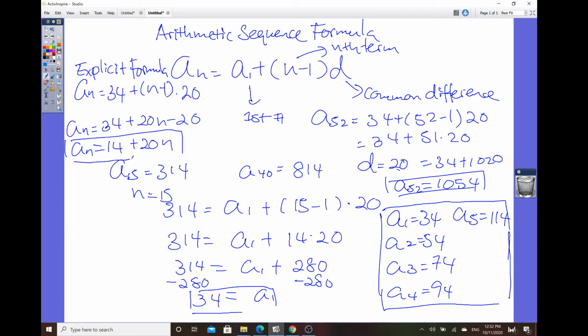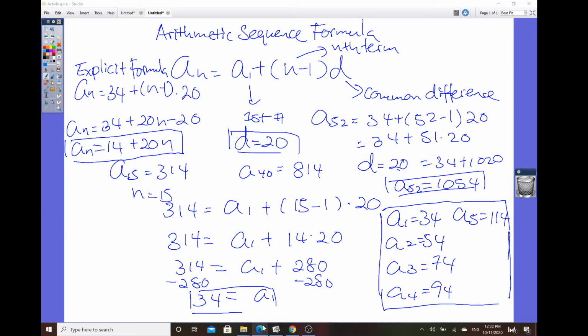So a sub n is 14 plus 20n. So we found the common difference, which is 20. And also we found a sub 1, a sub 52, the first 5 terms, and then the explicit formula.